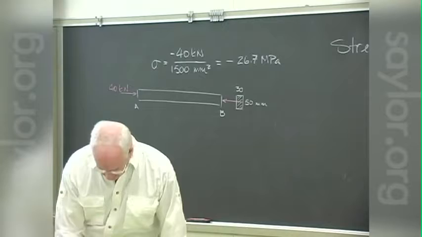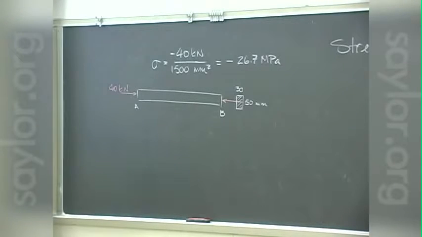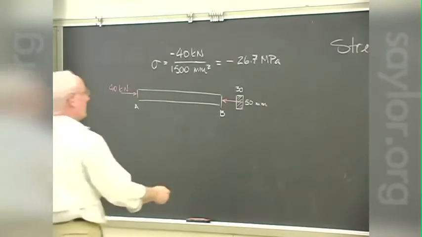Then we have that, so we can look at this other end here, where this part AB now comes into a U connection.